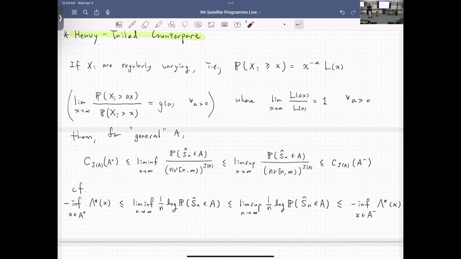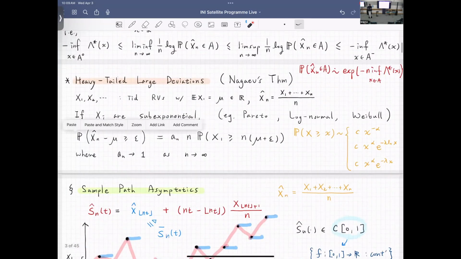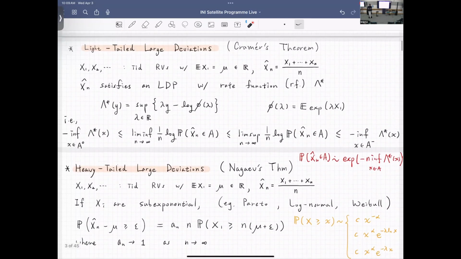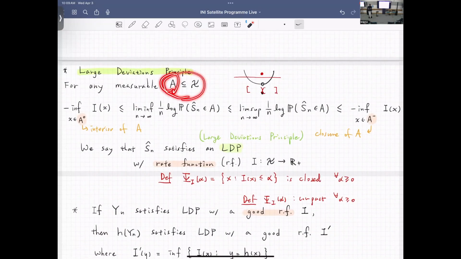And again, what's really wonderful about the sample path large deviations here is that the statement of the large deviations is for any measurable set A. So these bounds should hold for any A, and in sample path large deviations, this is the path space.